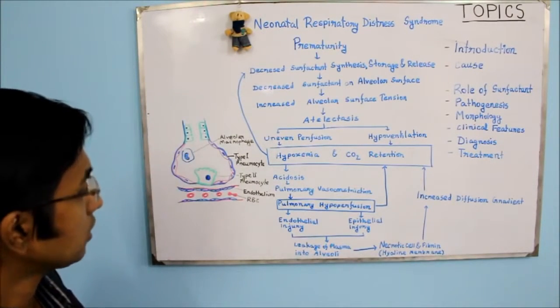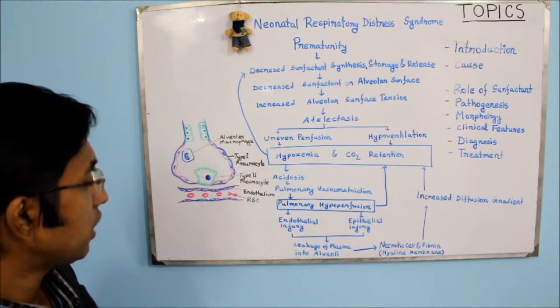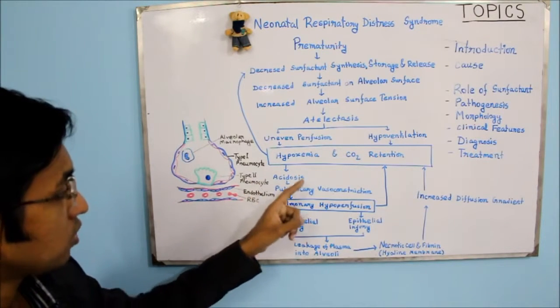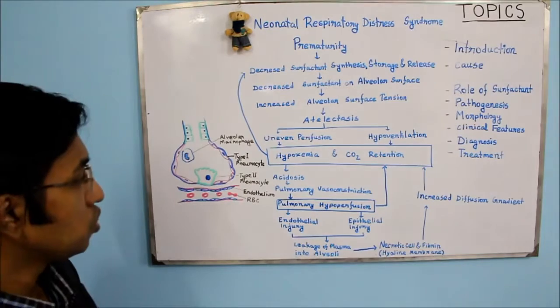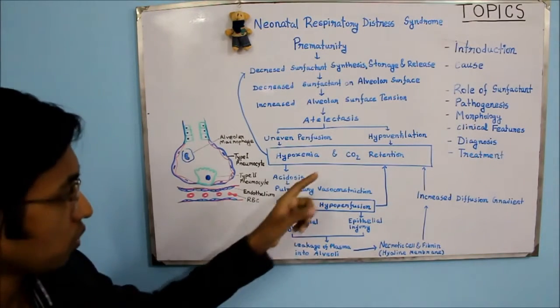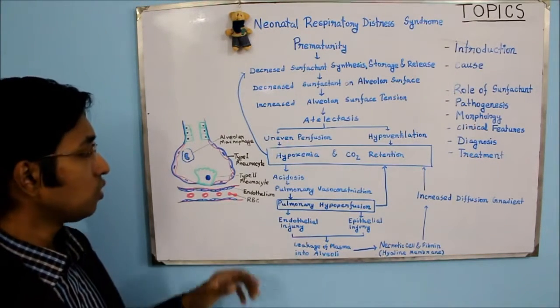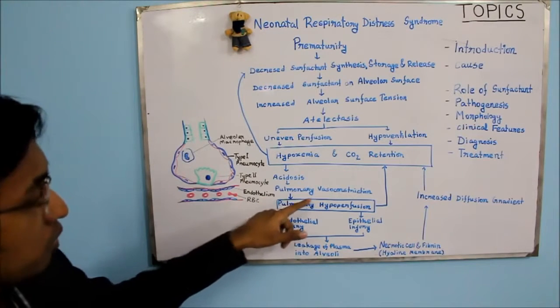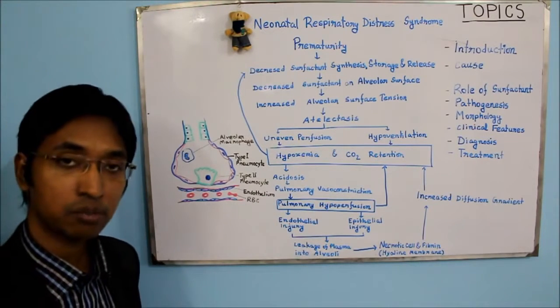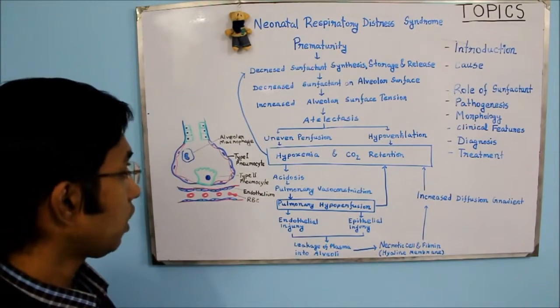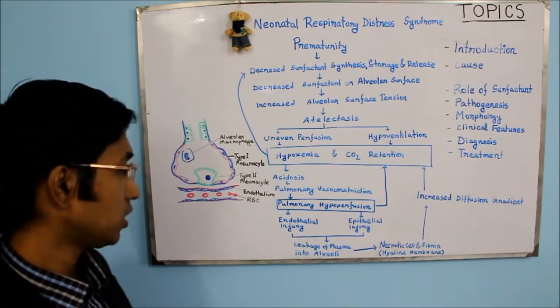So what will happen next? We have already said that there will be respiratory acidosis due to retention of carbon dioxide, and that will result in pulmonary vasoconstriction. The vasculature of the lungs will begin to constrict.